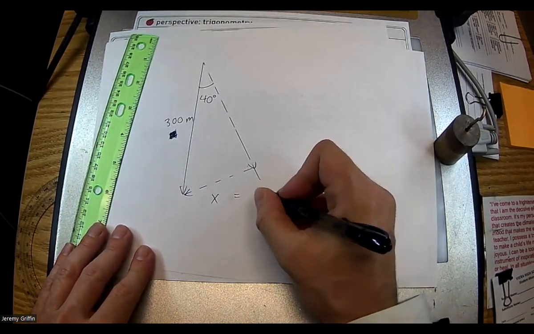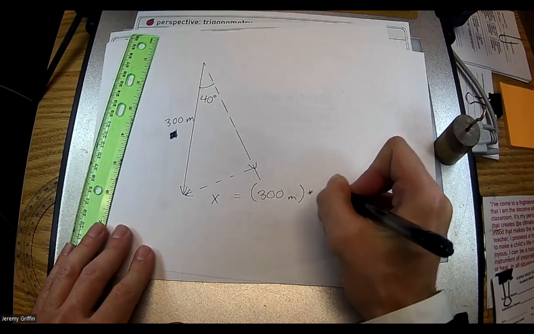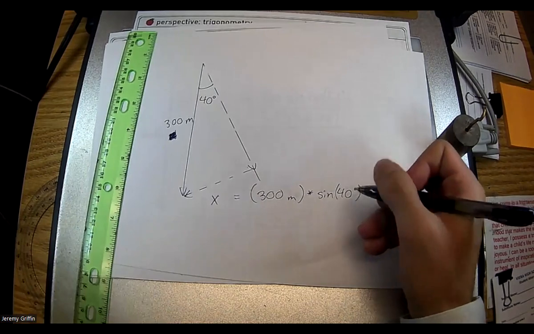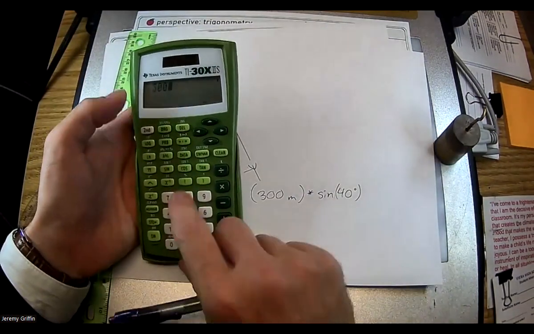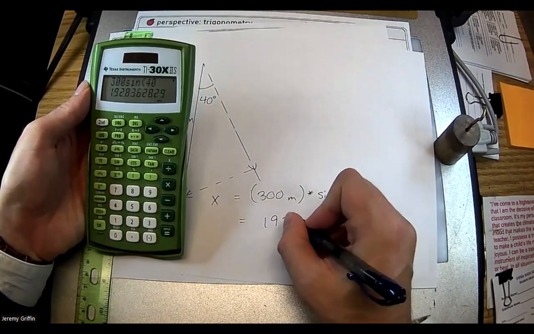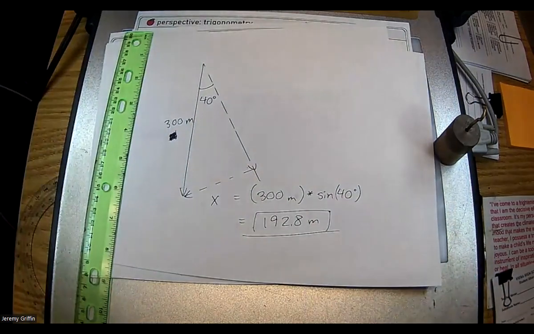What times what? 300 meters. There you go. Sine 40 degrees. Bam. 300 sine 40 degrees. 192.8, and that would be meters if I went with meters. Okay. You guys do that? All right. All good?